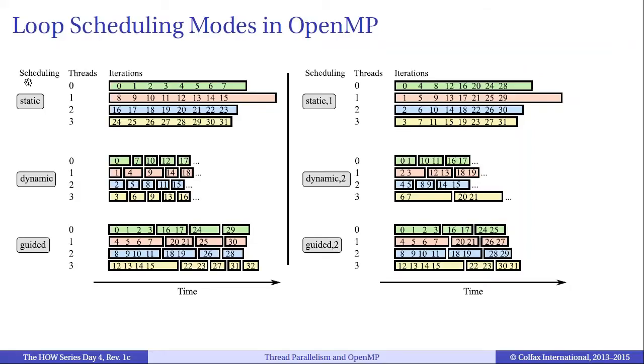Besides the type of scheduling, you can specify the chunk size as the second parameter in the scheduling clause. And the chunk size is how many iterations are assigned in every scheduling cycle. So for the static scheduling mode, a chunk size of 1 means that I will assign one iteration to each thread, and then I will go in round robin.